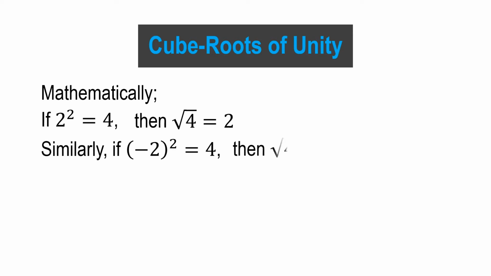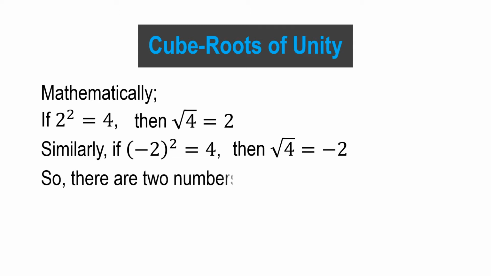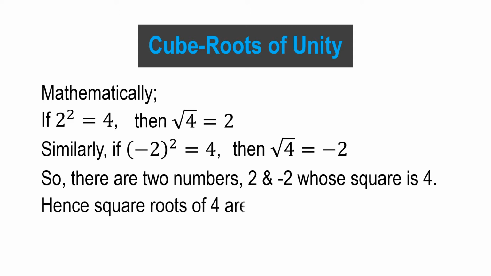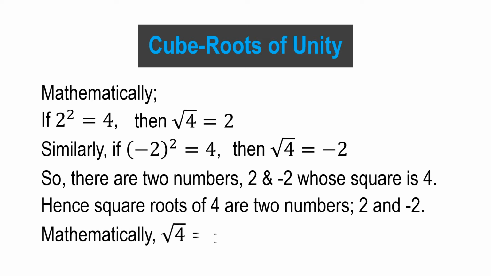Similarly, if negative 2 squared is 4, then square root of 4 is negative 2. So there are two numbers, 2 and negative 2, whose square is 4. Hence, square roots of 4 are two numbers, 2 and negative 2. Mathematically, square root of 4 is equal to plus minus 2.